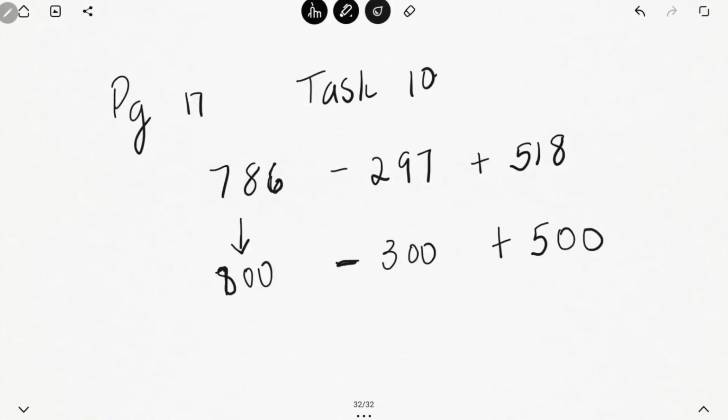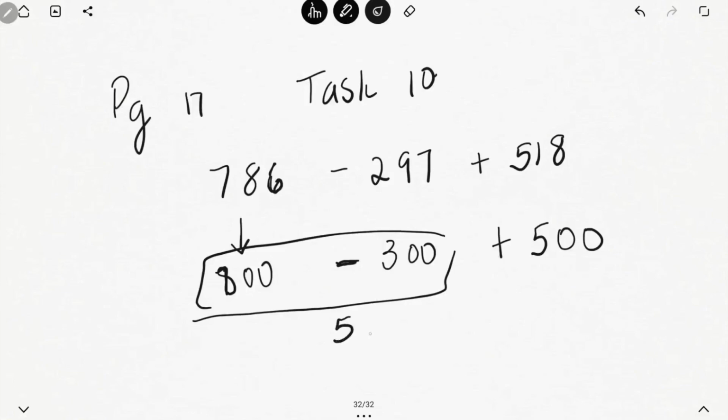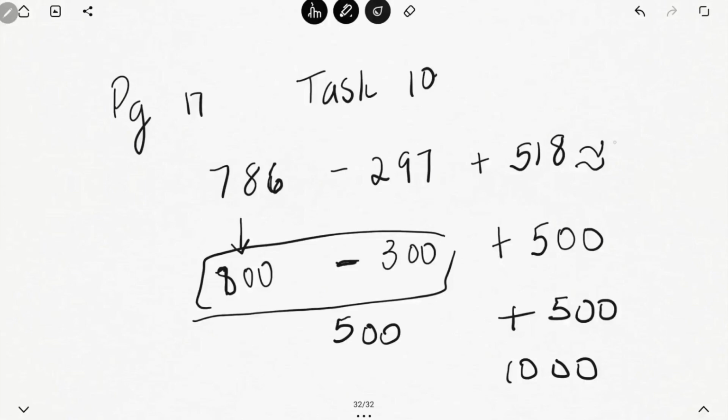Okay, now you're allowed to do either addition or subtraction first. So you can say 800 minus 300 is going to be 500, and 500 plus 500 would be 1,000. So your answer would be that this subtraction and addition is approximately 1,000.